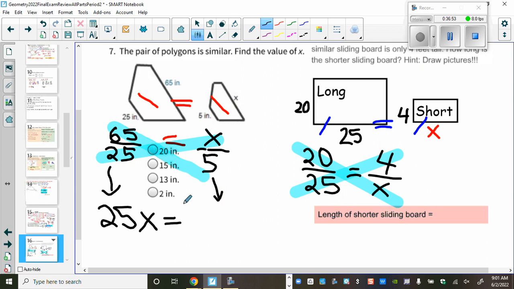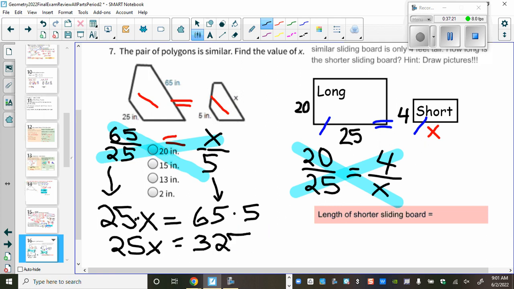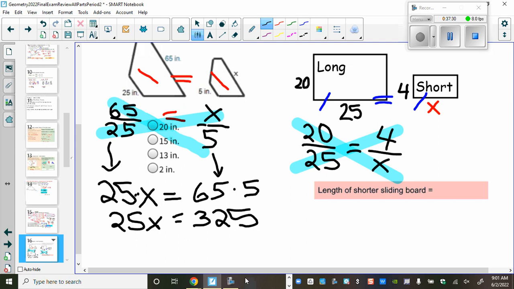I'll do the original multiplication. 65 times 5 is going to be 325. So 25x is 325. Now, what do you have to do to both sides of the equal sign? Now you divide by 25. And 13 is going to be your result. Well done, Andrew.